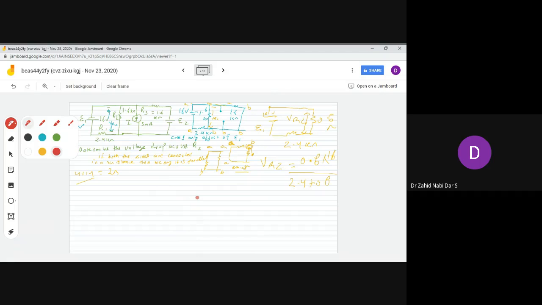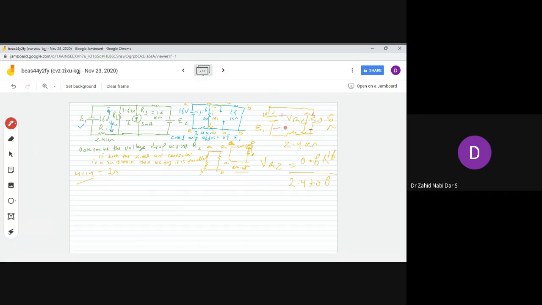One important thing you have to take into consideration while calculating the values is the polarity of this voltage. For VR2, this is minus, this is plus, and this is plus, minus.